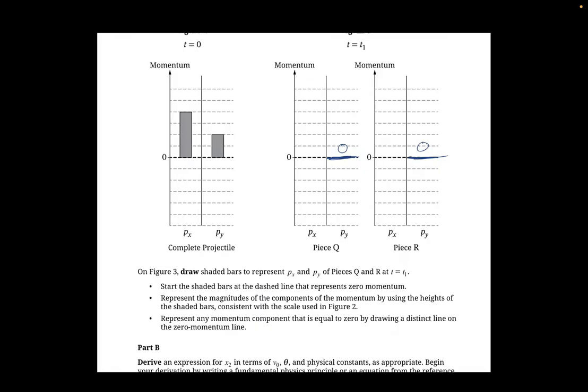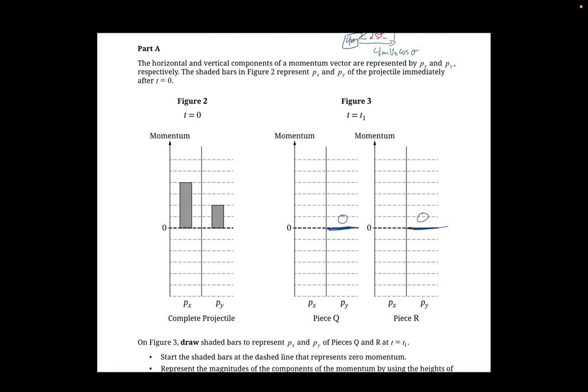Okay. If we think about the collision process here, or the explosion process, before the collision, we have a mass of 4m moving to the right with speed v naught cosine theta, which is that initial bar in figure 2. Then after the collision, we'll have piece q with mass m moving to the left with speed v naught cosine theta.